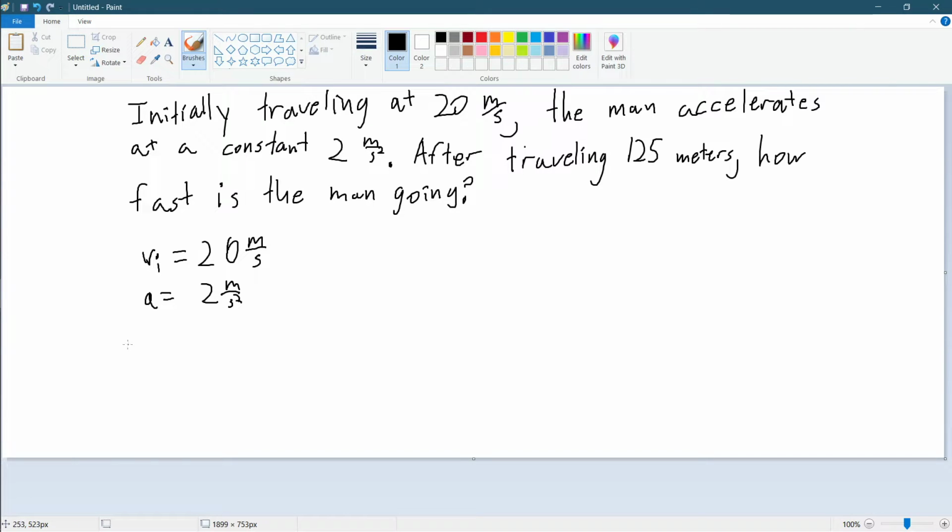And then after traveling 125 meters, which is the distance or displacement, how fast is the man going, which would be our final velocity, which we do not know. So we are supposed to use a formula based on the information they give us and solve for our final velocity.